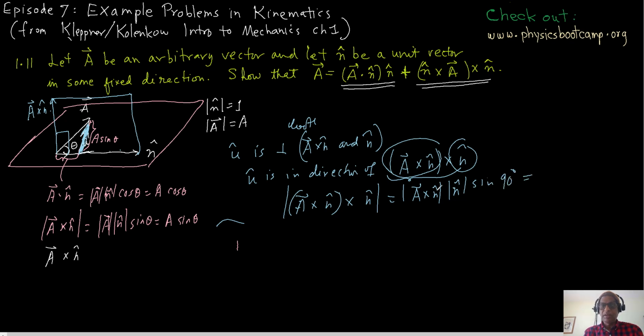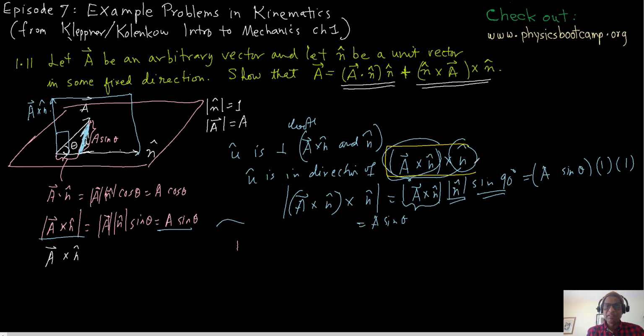And the magnitude of A cross n hat we already figured out is A sine theta, and n hat is 1, so this whole thing is times 1, equal to A sine theta. So we notice that not only is this thing in the direction we want, but it also has the magnitude we want.